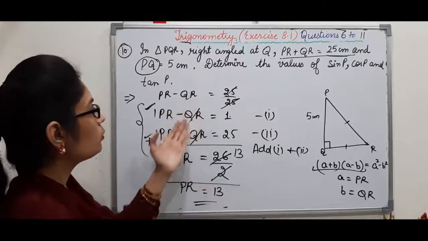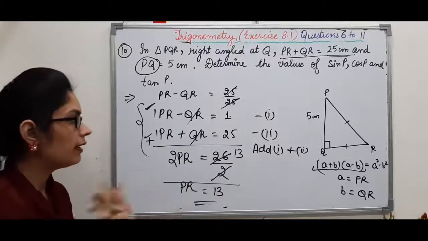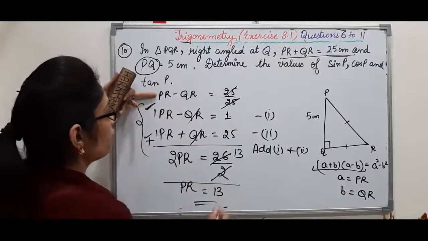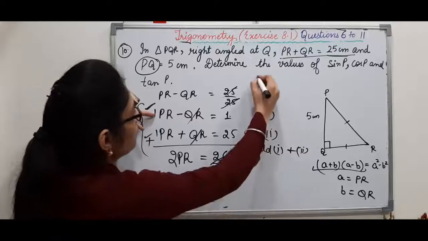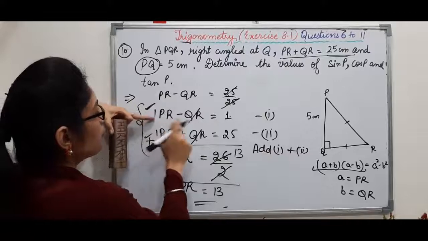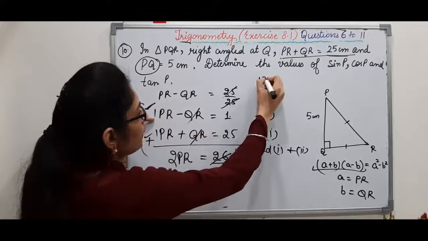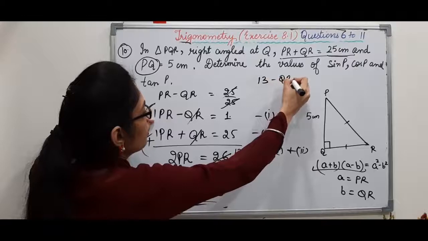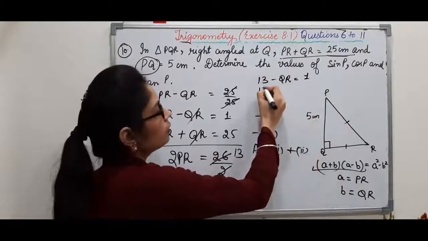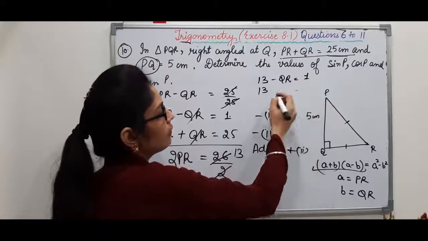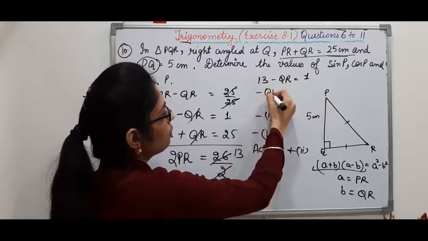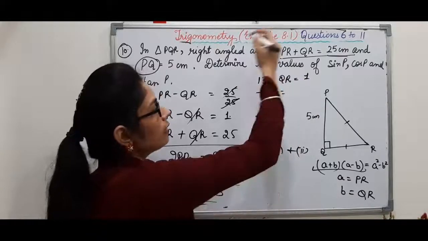Now in either of these two equations we can substitute the value of PR and we'll get the value of QR. In the first equation, PR minus QR is 1. So PR is 13, minus QR equals 1. QR we will keep on this side because we need to find the value of QR, and 13 will shift to the other side.